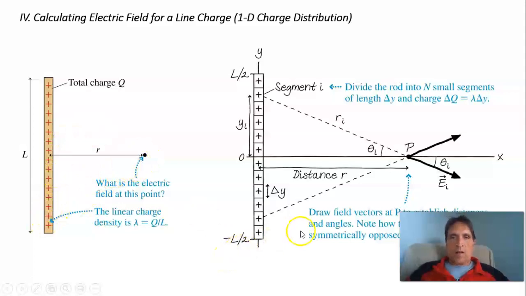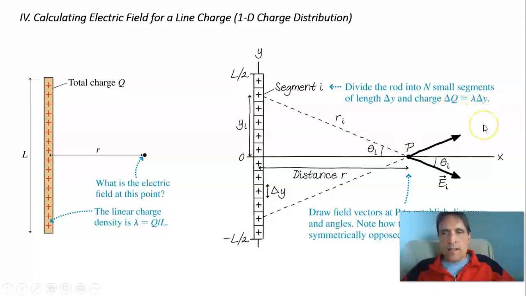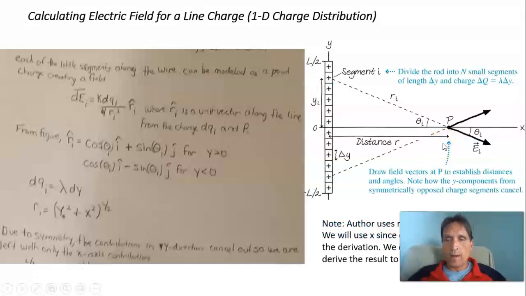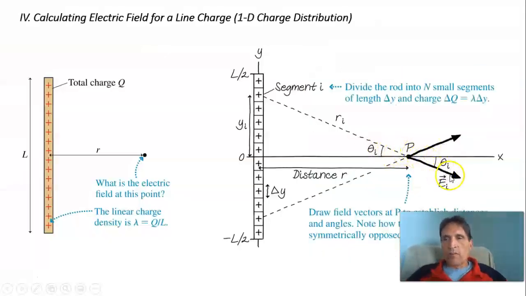Before we do that, there are certain cases where symmetry can help make the problem simpler. In this problem, if we draw the electric field from a point below the center and an equidistant point above the center, we see that the electric fields due to both elements of charge point away, since the charge is positive.